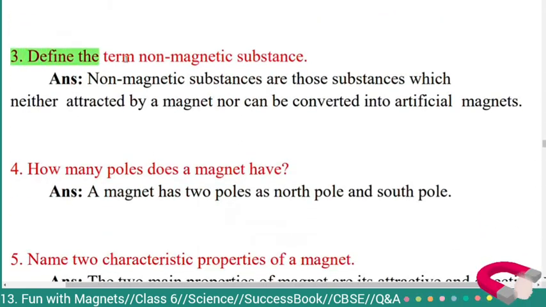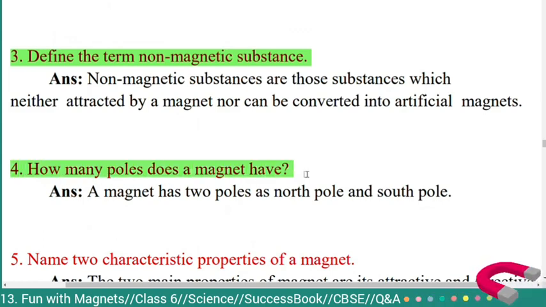Third question, define the term non-magnetic substance. Answer, non-magnetic substances are those substances which are neither attracted by a magnet nor can be converted into artificial magnets. Fourth question, how many poles does a magnet have?